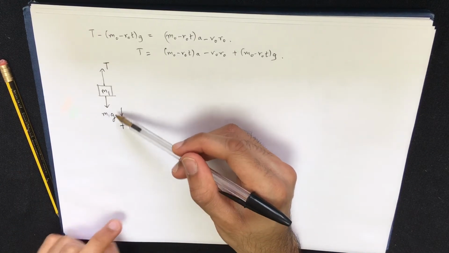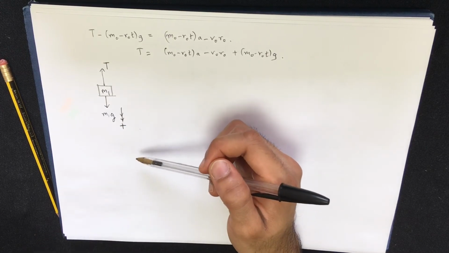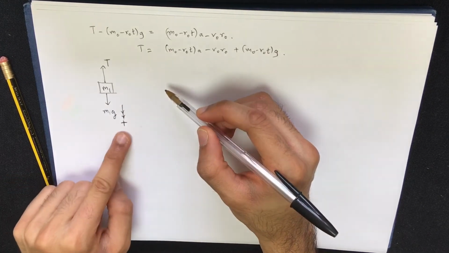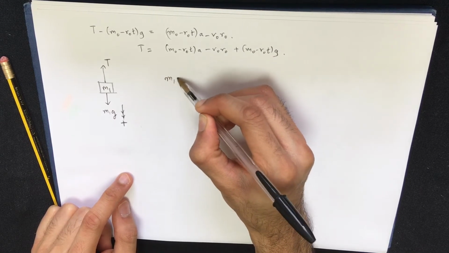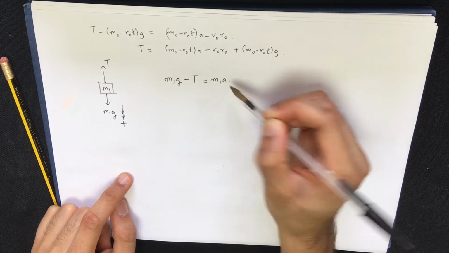So it's more natural to set the positive direction as downwards in this case than it was for M2. So if I set this as positive, then the net force is going to be M1G minus T equals M1 times A.